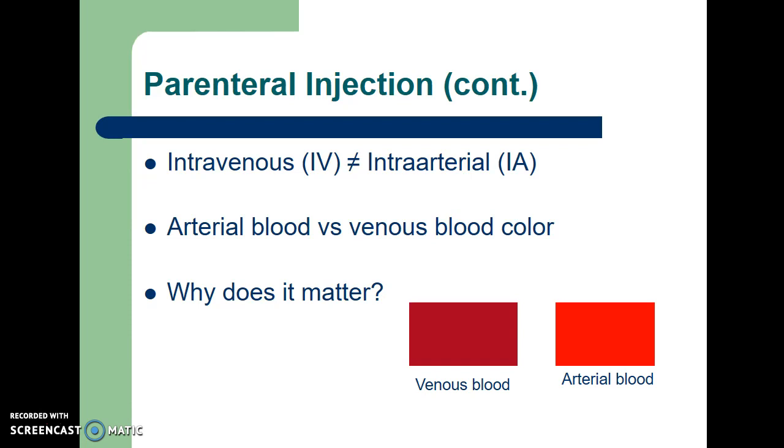The veins go to the heart. After they go to the heart, they are diluted with other blood that goes to the heart. So we're diluting our drug. And then after it travels through the heart, it's going into the arteries and out into the tissues.